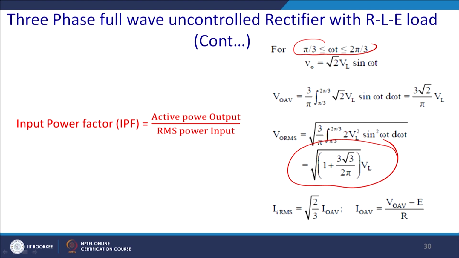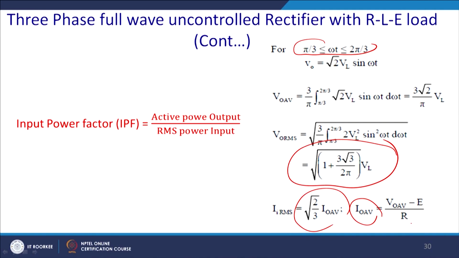RMS voltage you can find out as 1 plus 3 root 3 by 2 pi into VL. From there you have the RMS voltage, and just dividing, you can find the current, which will be root 2 by 3 times the output load current, which is assumed to be constant.